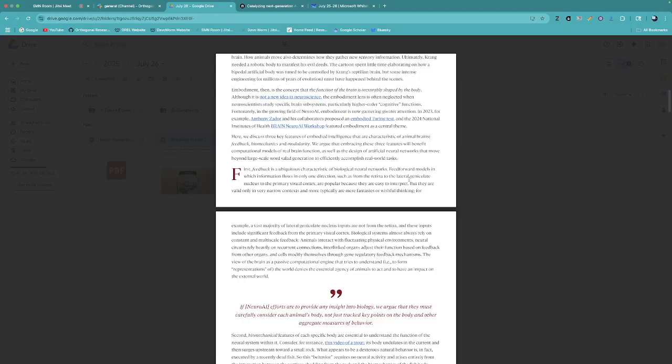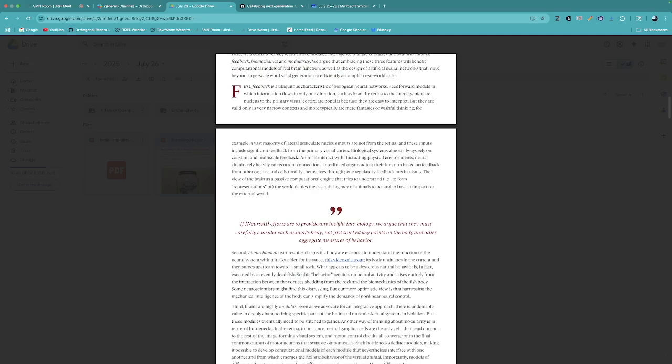A lot of times it involves constant and multi-scale feedback, where you have fluctuating physical environments, recurrent connections, interlinked organs, and cells that modify themselves through gene regulatory networks. So these are all kinds of things we have to take into account. Again, we don't really make a statement about how much of the variation they contribute to, but they're in nature, and so we should replicate those.